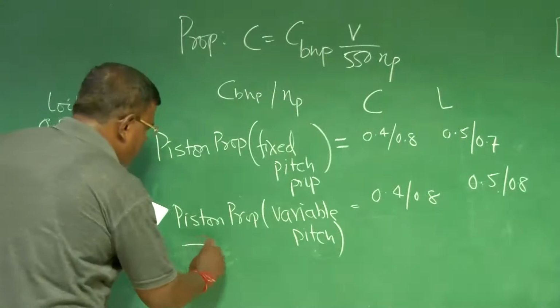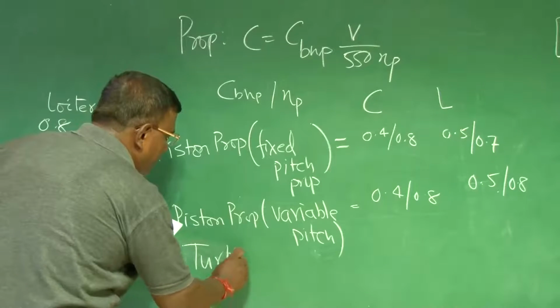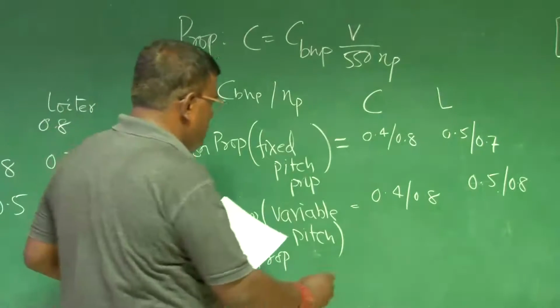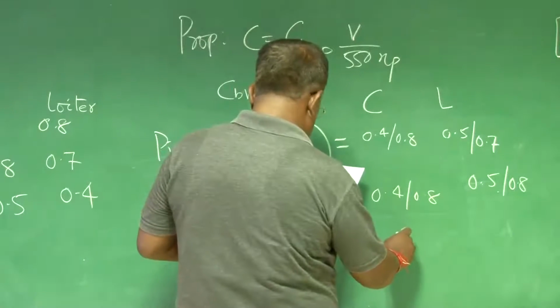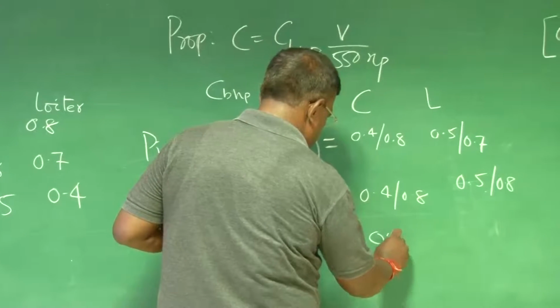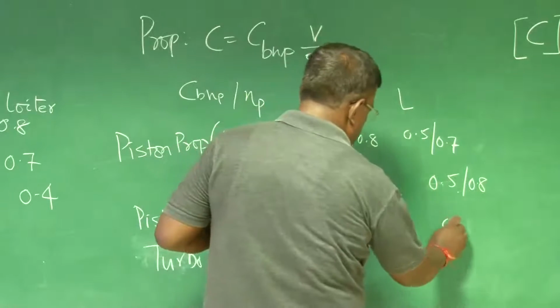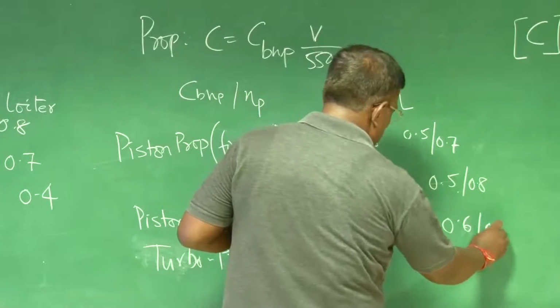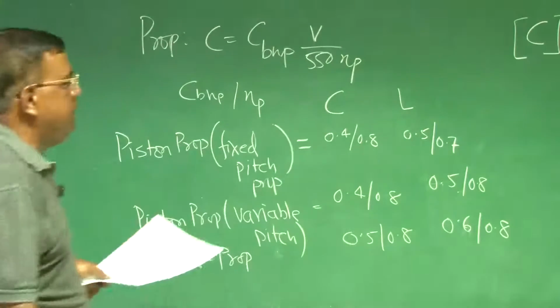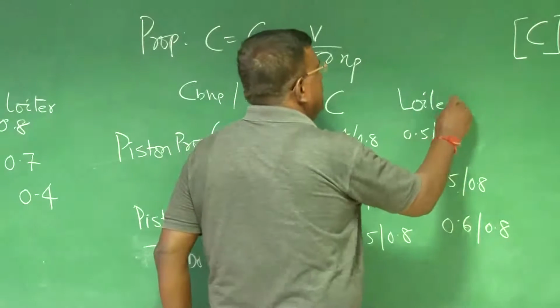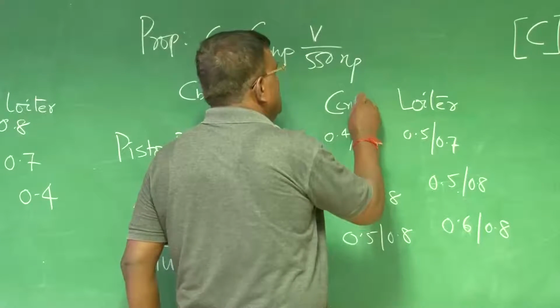For turboprop, which is very popular, this value is 0.5 by 0.8, and here it is 0.6 and NP is 0.8. These are typical numbers, right? L means loiter, now you are expert, and C means cruise.